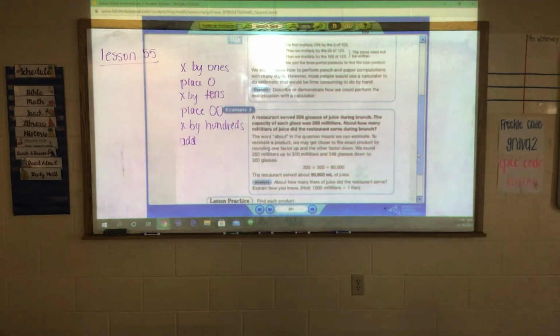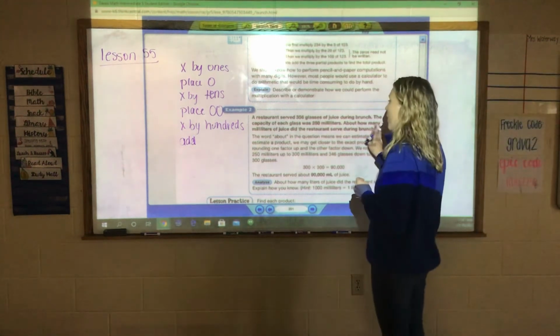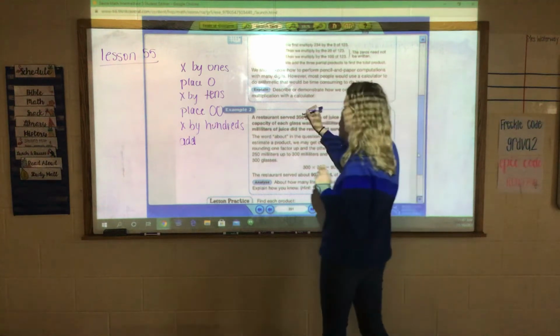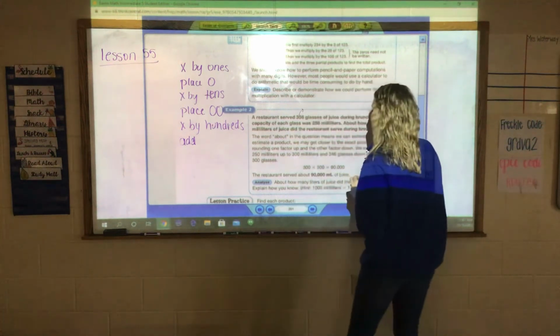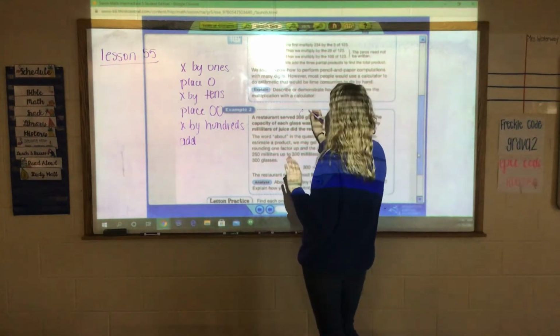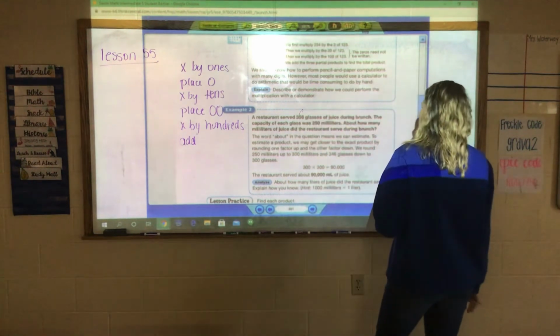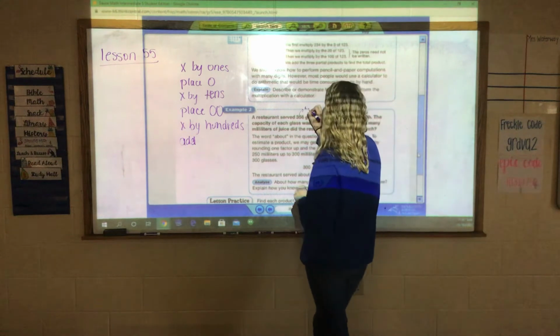All right. The restaurant served 356 glasses of juice during brunch. The capacity of each glass was 250 milliliters. About how many milliliters of juice did the restaurant serve during brunch? So, this I would probably round 356 glasses to 400.